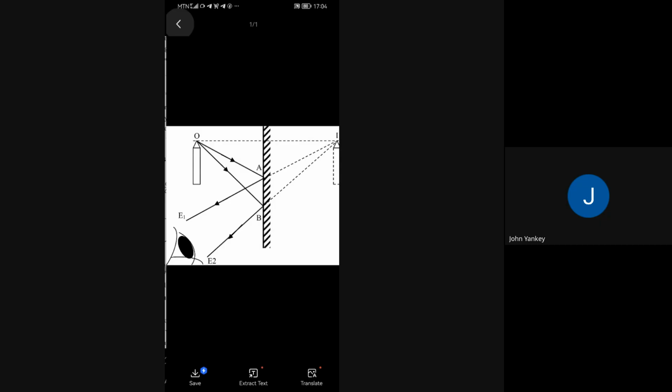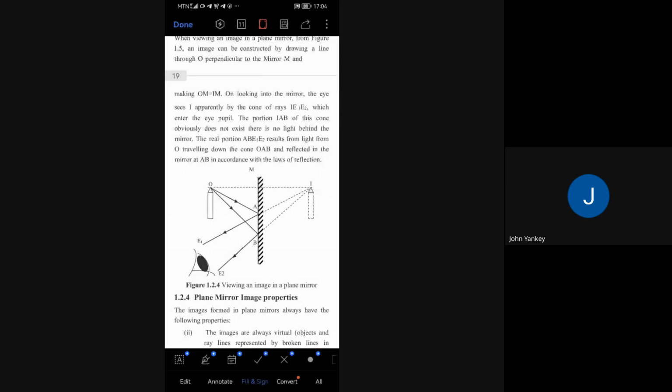First, there should be the object, a mirror, and then the eye, and then a source of light. The source of light will produce light to fall on the object. The object will reflect the light towards the mirror. You can see those two rays from point O of the object towards the mirror.